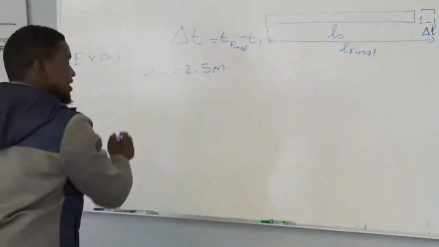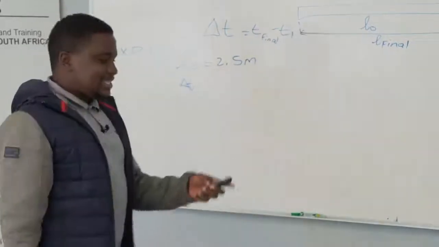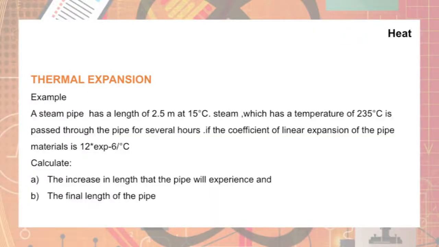Then our change in temperature. When we look at our PowerPoint slides, it started with a temperature of 15 degrees Celsius and rose in temperature to 235.